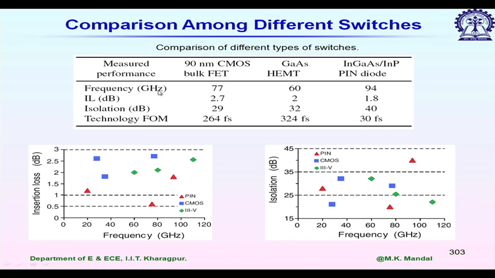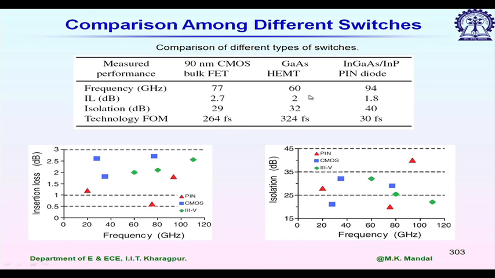These are the major performance comparison of some switches which are available commercially in the market. So, measured values for FET switches, typically at 77 gigahertz, it is providing insertion loss 2.7 dB, isolation 29 dB, and we see figure of merit is 264 femtosecond.